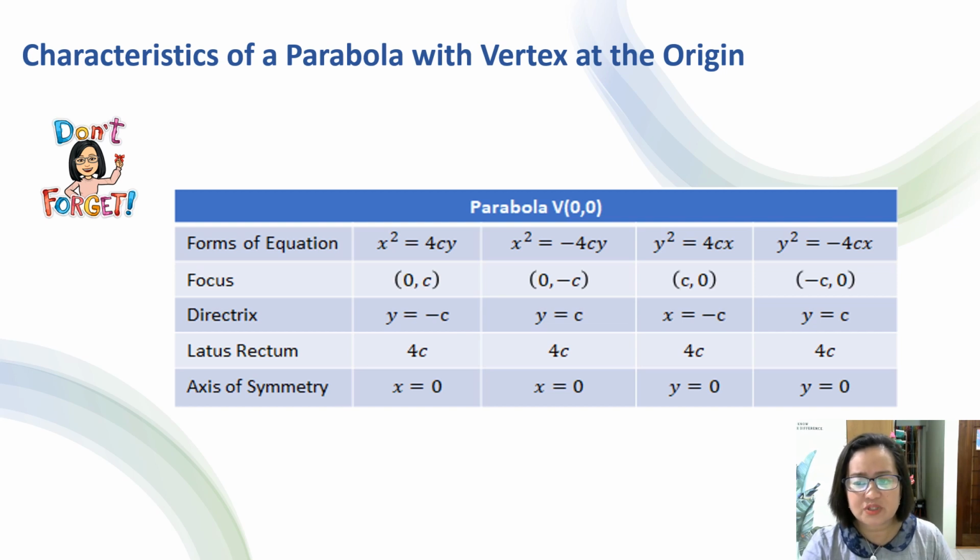For the parabola that opens to the left, we will have y squared equals negative 4cx. In this case, the focus will have coordinates (negative c, 0). The equation of the directrix is x equals c. The length of the latus rectum is 4c, and the equation of the axis of symmetry is y equals 0.